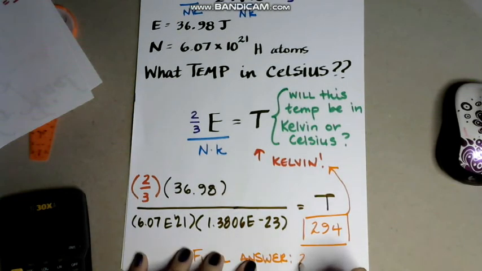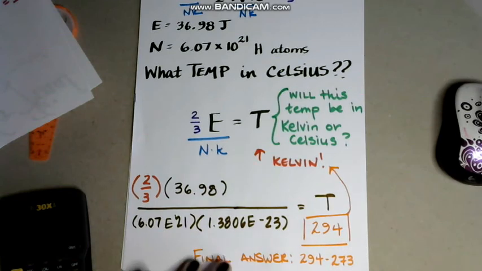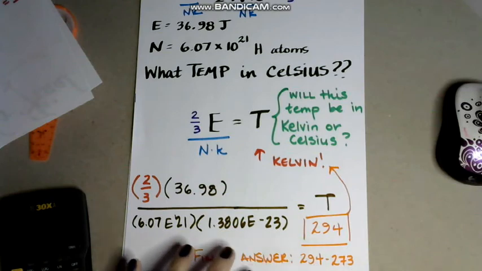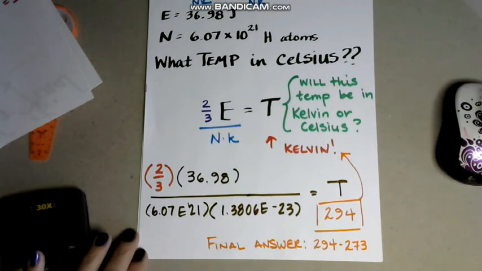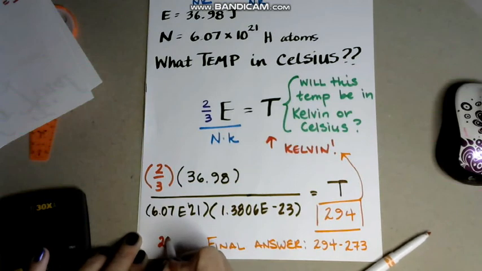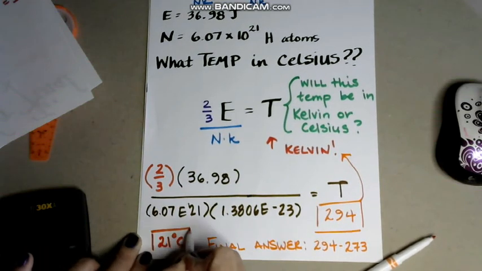My final answer is 294 minus 273. What is your answer? 4 minus 3 is 1, 9 minus 7 is 2. So your final answer is 21 degrees Celsius.